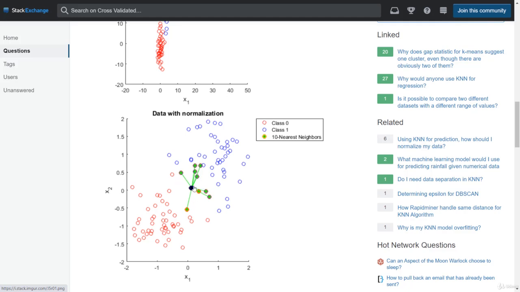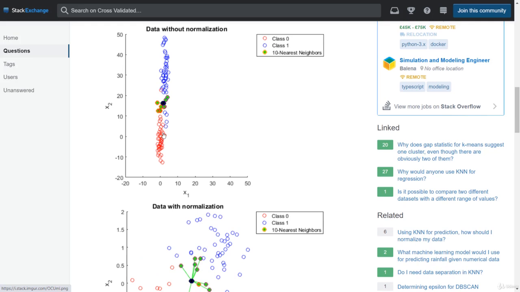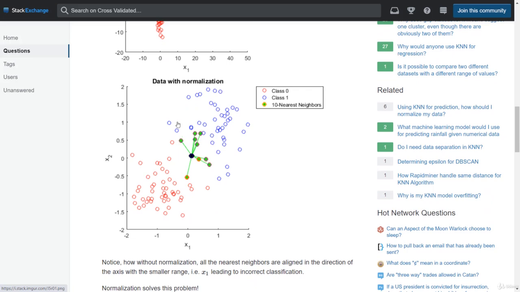So the class of this point will be blue. While here, we could have the class of this point, the same point, right? This is the same test point. But here, we will classify this point to be red, because most of the nearest neighbors here are red, while here most of them are blue.